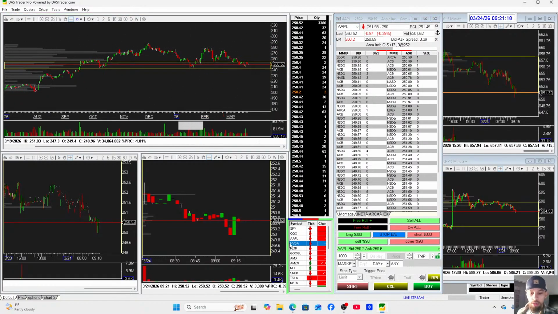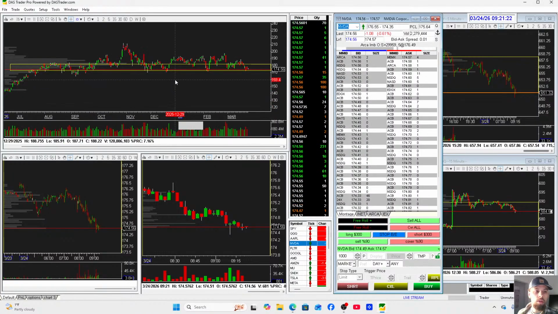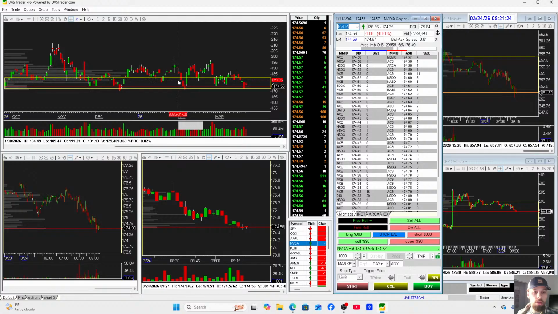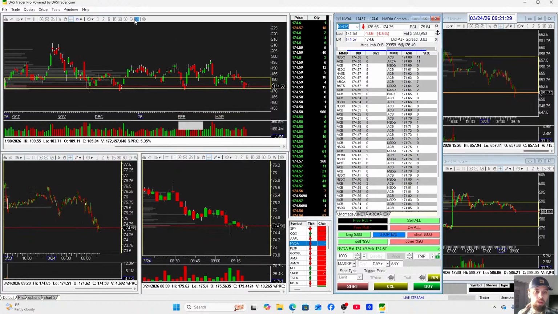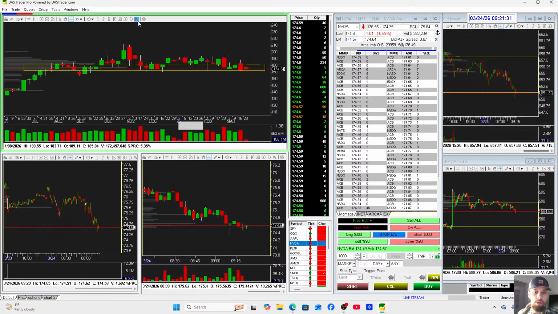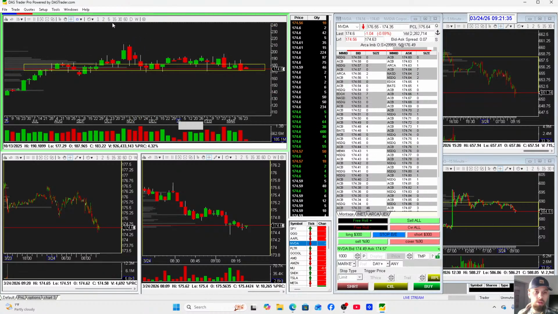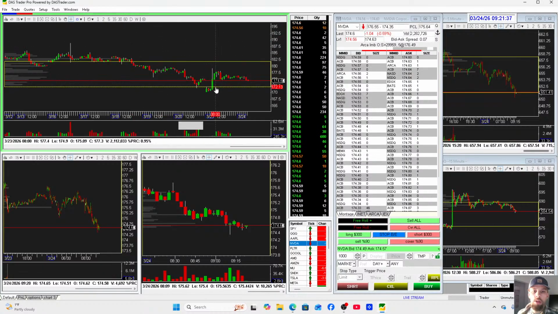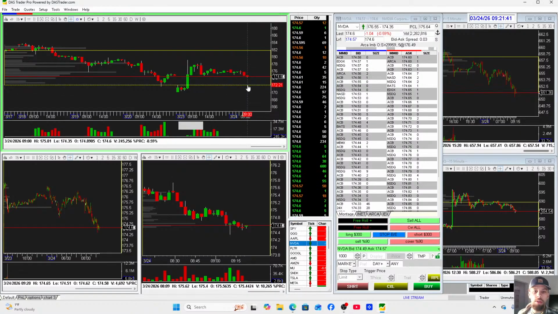Most interesting, keep an eye out on Nvidia. Interesting to see what Nvidia does here. I want to see if it's going to lose this 172.